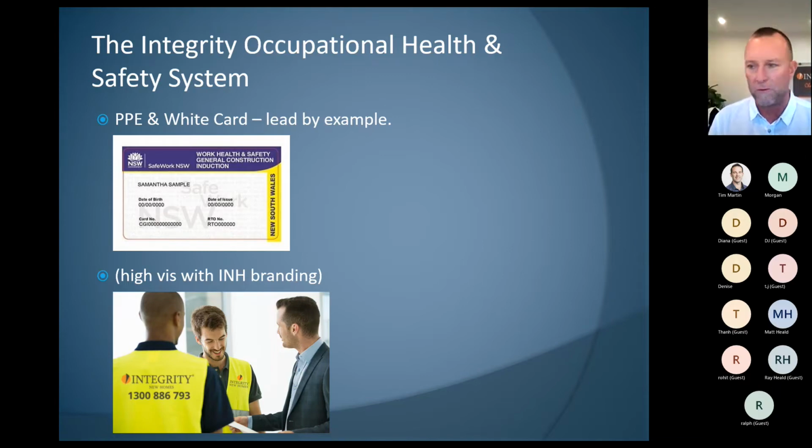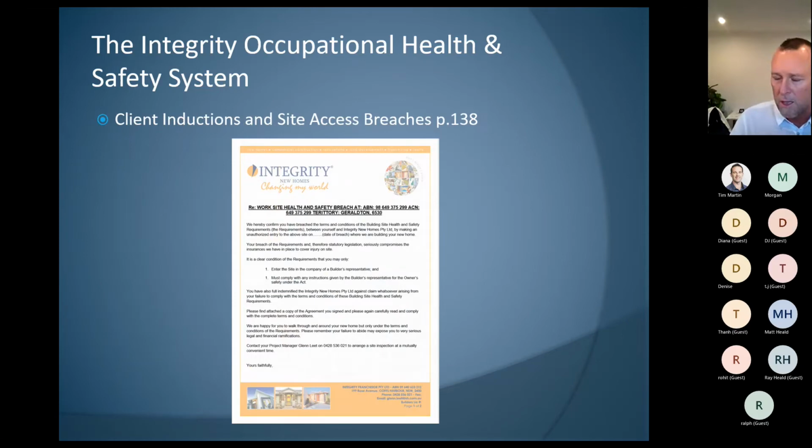So I'd say to you, if you haven't got a high vis vest as a minimum that you can pull on when you go onto site, then that's a gap, and you need to get one. And you need to have yourself a white card so you can evidence that you've done the bare minimum in that space. And then as you start to talk to contractors about their safety requirements, you're evidencing that you're leading by example. So please note those couple of things down.